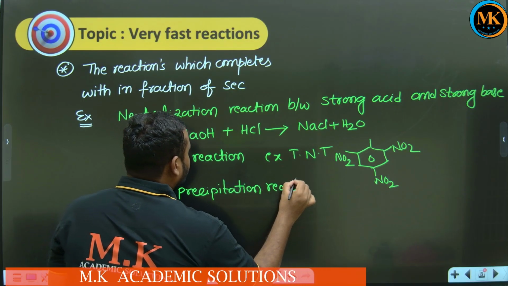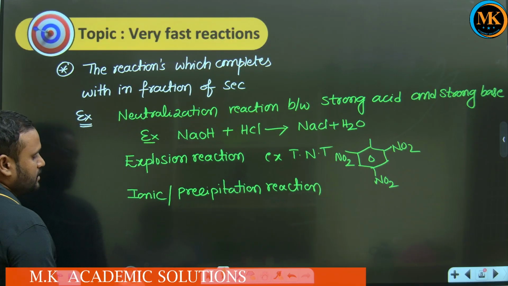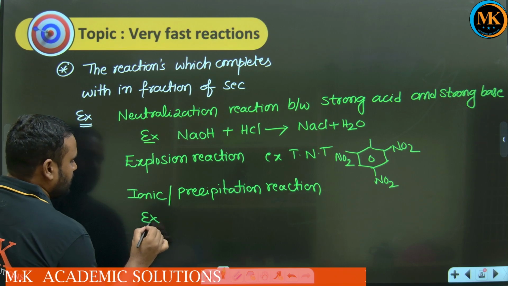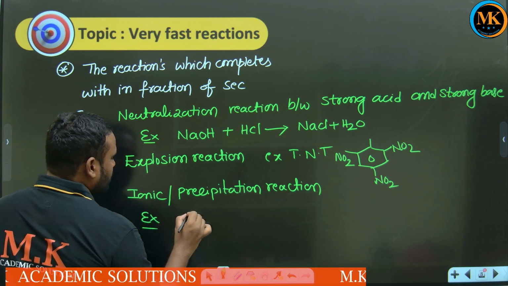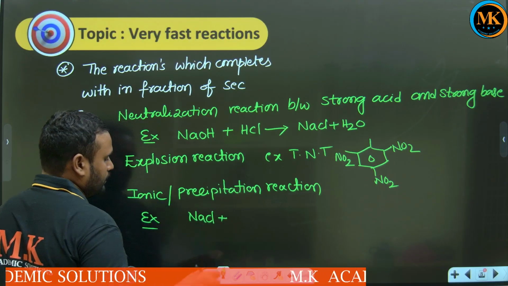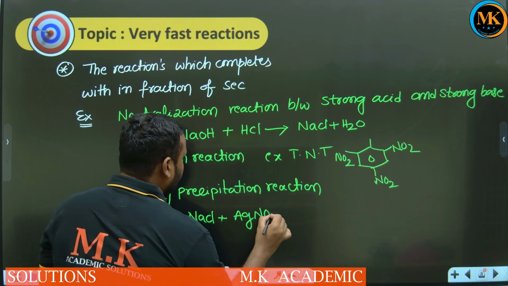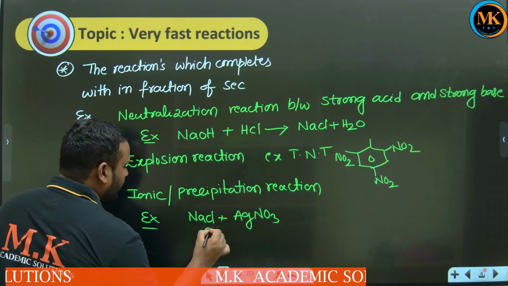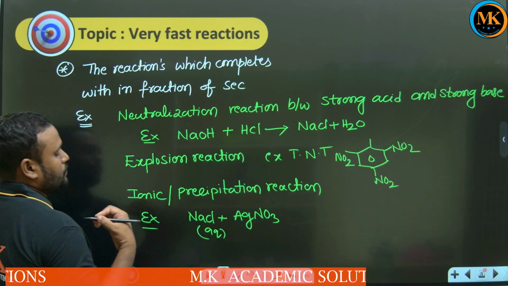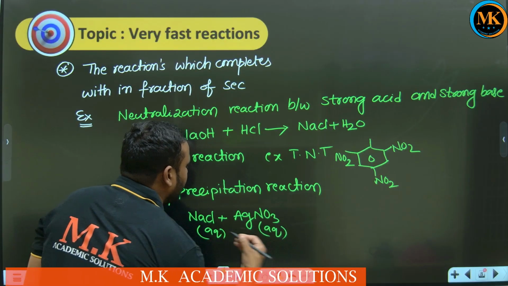Here ionic reactions are also very fast reactions. Say, for example, you can take the reaction between NaCl, sodium chloride, and AgNO3, silver nitrate. Here we are going to take the aqueous solution of sodium chloride and aqueous solution of silver nitrate.